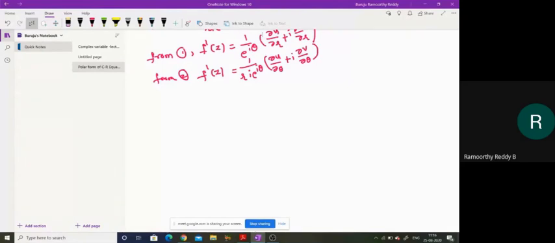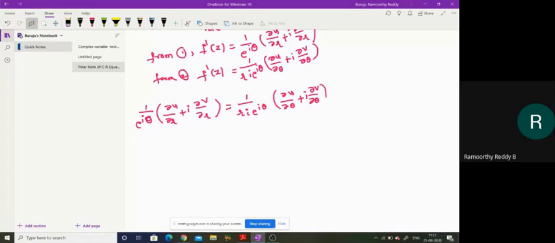So if you equate 1 by e^{iθ} (∂u/∂r plus i times ∂v/∂r) equal to 1 by r i e^{iθ} (∂u/∂θ plus i times ∂v/∂θ), right? Now e^{iθ} gets cancelled. So what is remaining? ∂u/∂r plus i times ∂v/∂r is equal to 1 by r times 1 by i.